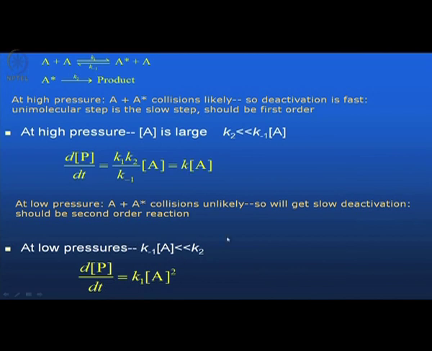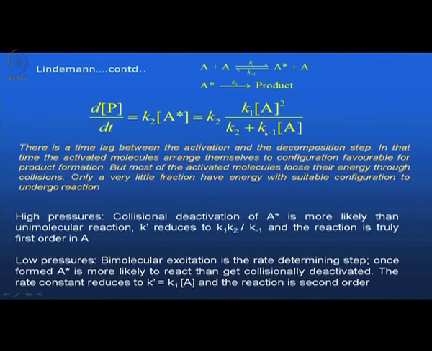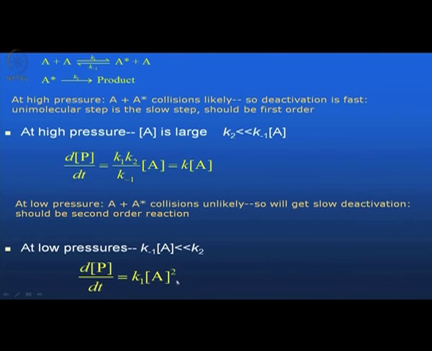Therefore, since this is less than K2, you can neglect this. So, neglecting this, the rate of formation of the product becomes equal to K1 A square. So, this is basically second order. Okay.